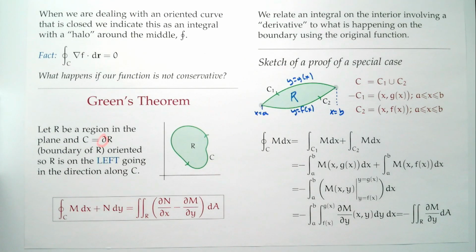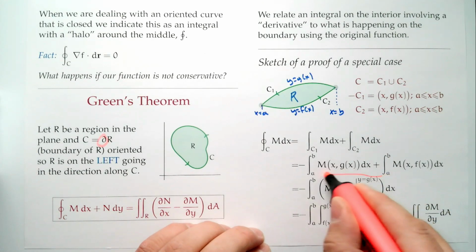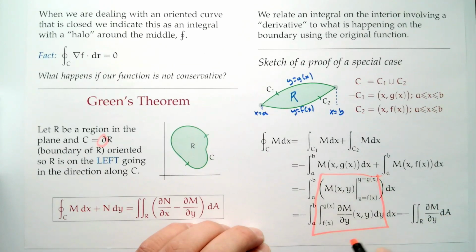The answer is the derivative of the function in the second entry, partial M partial y, of x, y. So this step right there in Green's theorem is the fundamental theorem of calculus that allows us to do that. It says if I want to integrate a derivative, I just have the original function evaluated at the endpoints.